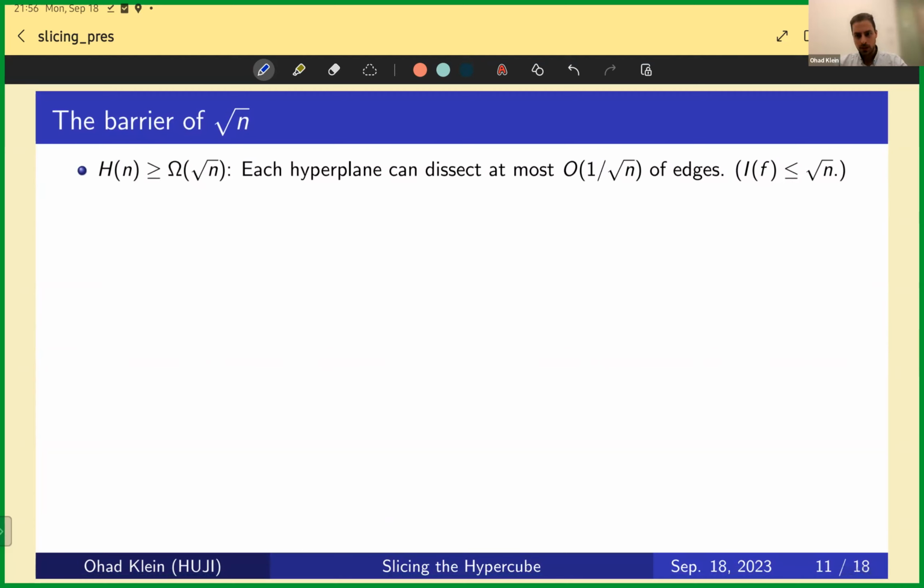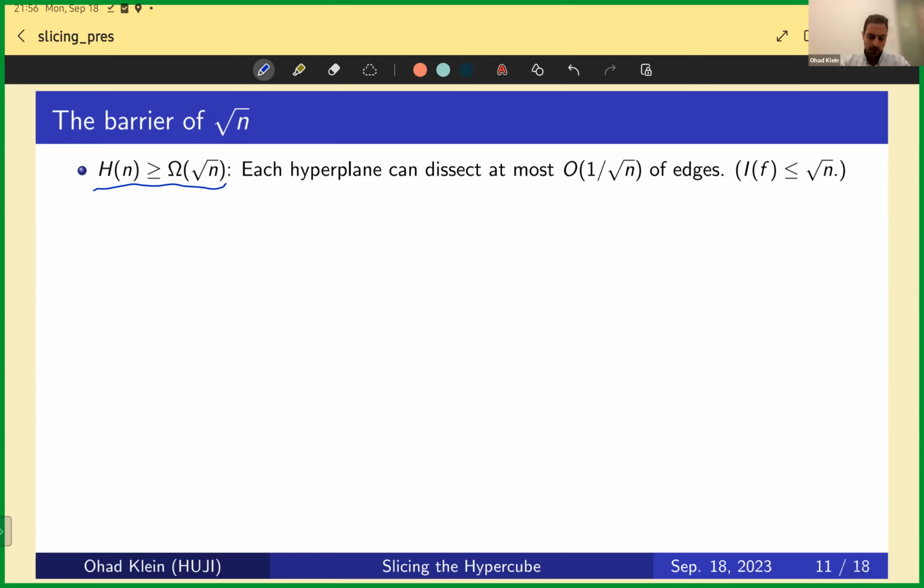I want to present some barrier to determining the exact number h of n. For that, let us show the first step, that h of n is at least square root of n.